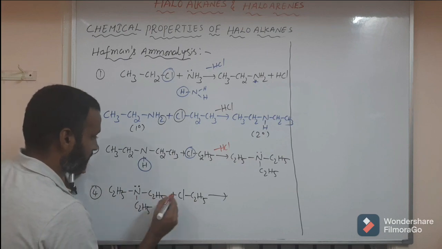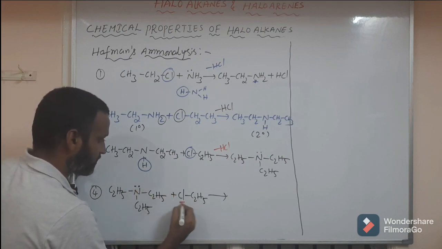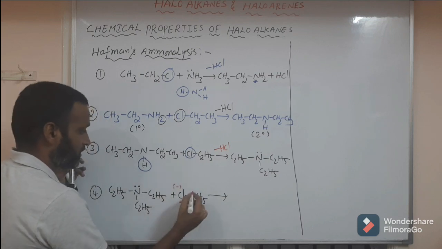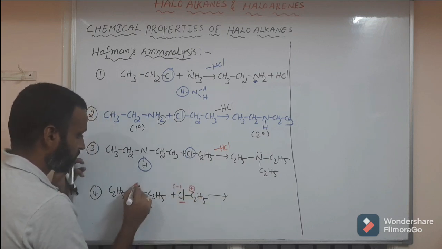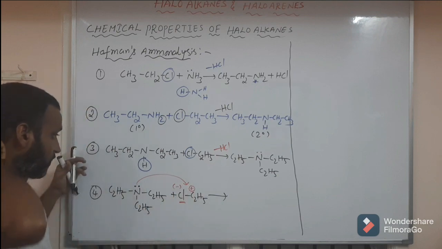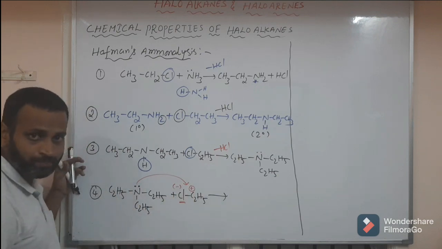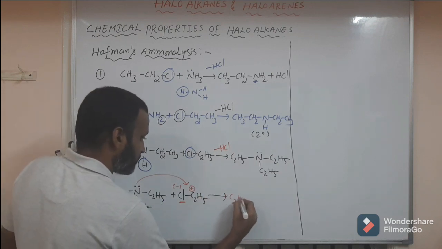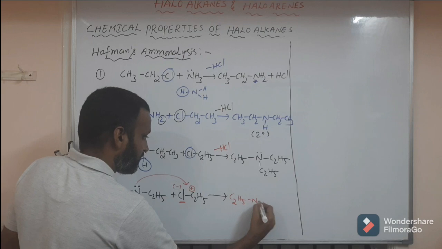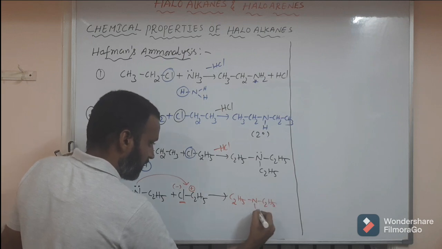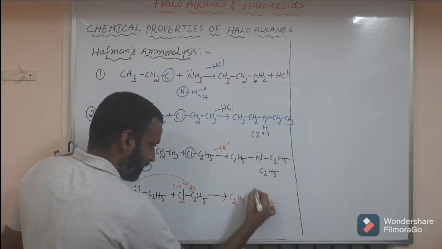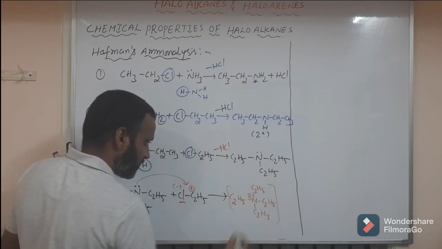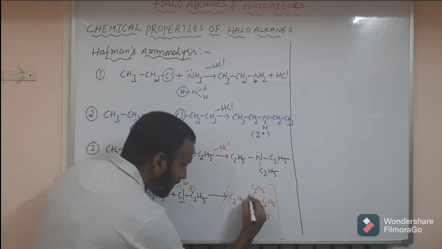Please be patient. And here what happened? This Cl cannot go now, so it will be removed as Cl minus. But this carbon has a positive charge, which will be attacked by the lone pair, forming a dative bond. So the final product has C2H5, N, C2H5, C2H5 and C2H5, and nitrogen has a positive charge.